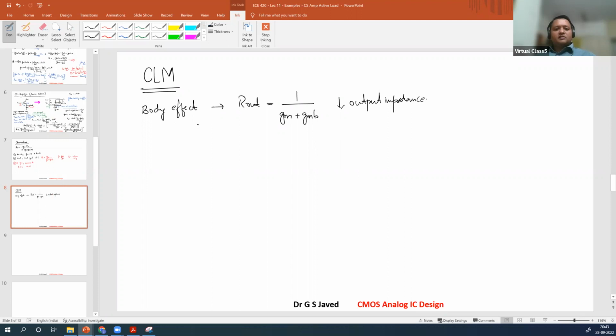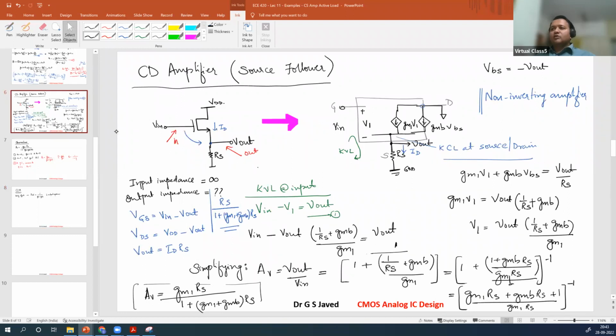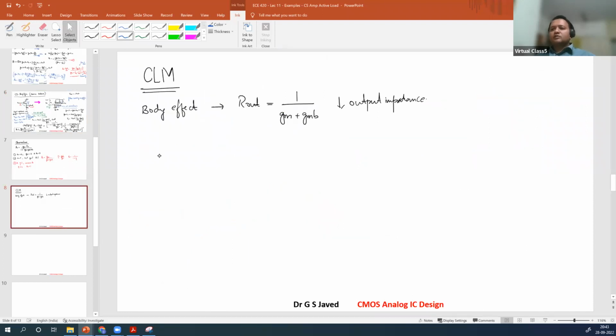Now, what happens if you take into consideration channel length modulation? If you introduce channel length modulation, you will get R out here. So the moment this R out comes, GM plus GMB which is there will have a parallel device.